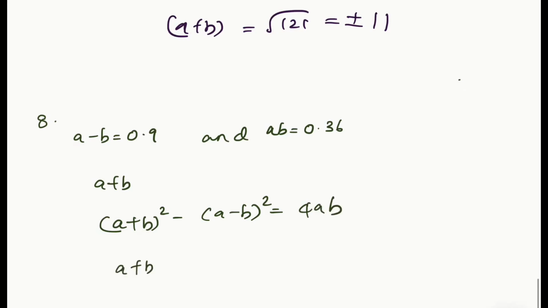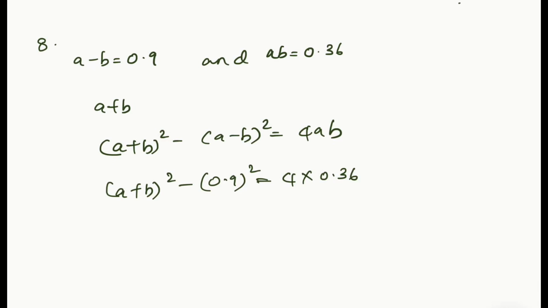A plus b the whole square minus 0.9 the whole square equal to 4 times 0.36. So a plus b the whole square equal to 4 times 0.36 will be equal to what? 36 fours are 144, so that will be 1.44.